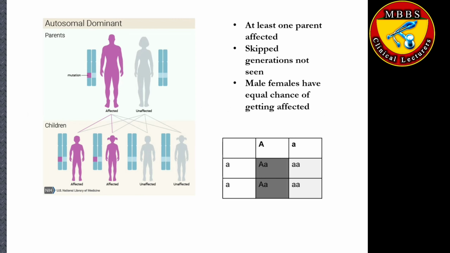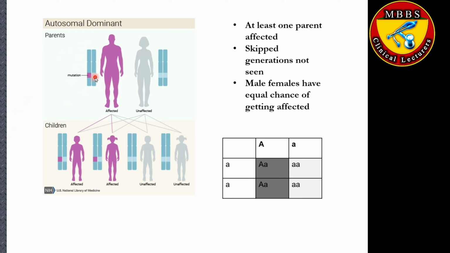Okay. Now we move forward towards the autosomal dominant disorders. These are manifested in heterozygous states, remember. So what are the characteristics of autosomal dominant? As I said, these are manifested in a heterozygous state. What do you mean by heterozygous?